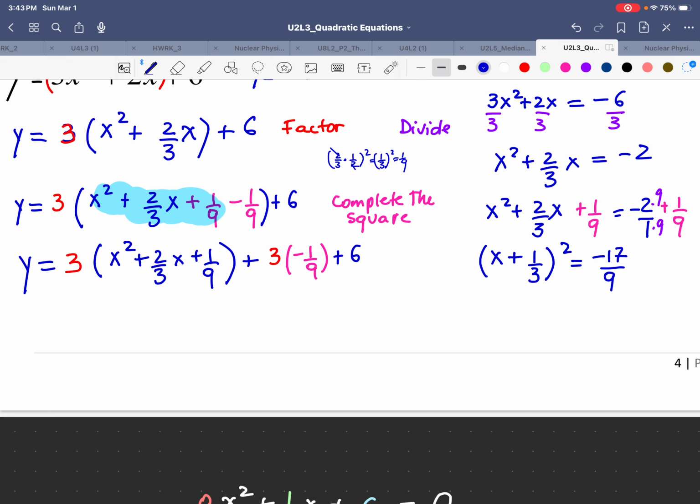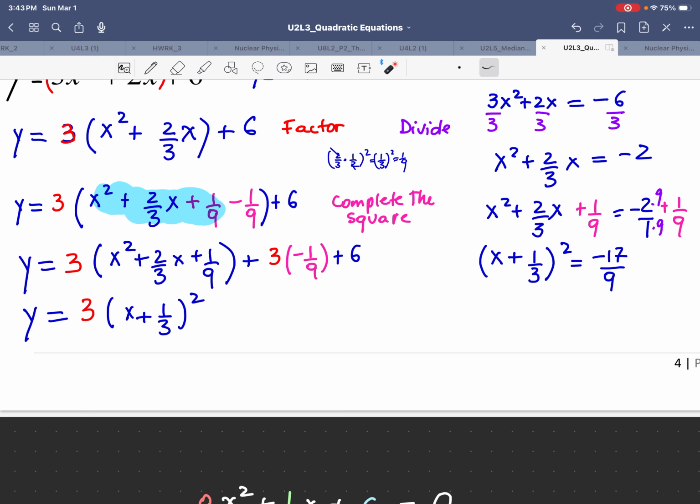So in quadratic functions again, to convert this to vertex form, we're going to have x squared plus 2 over 3x plus 1 over 9, written now in factored form, which will be simply (x plus 1 over 3) squared.